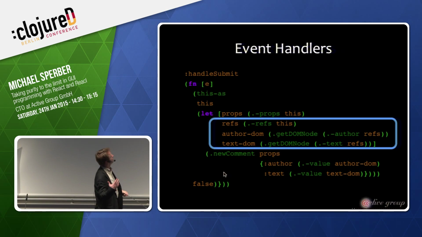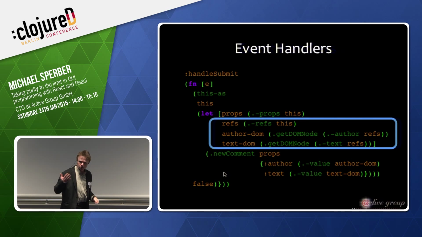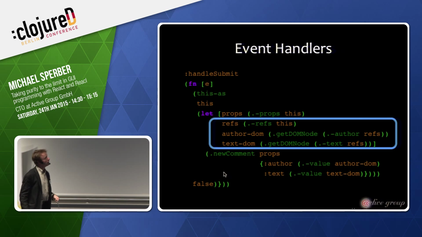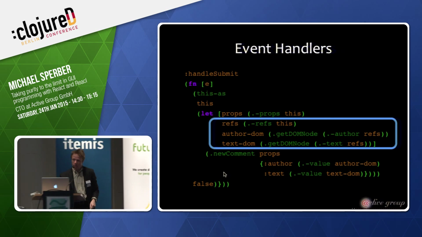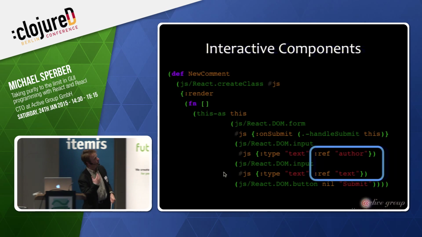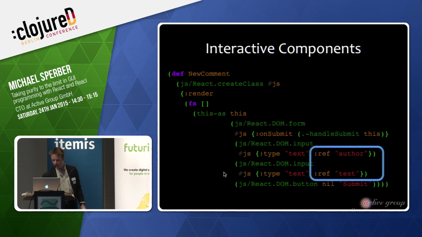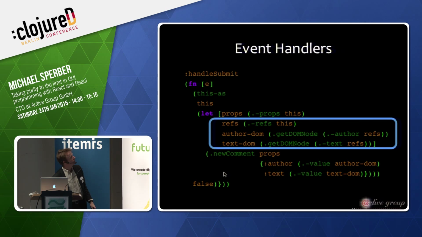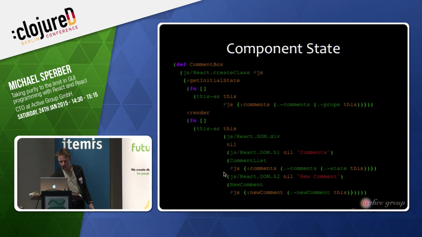Okay, so this is a little bit more involved. Is that reasonably clear? So you need to refer to the actual DOM elements, but you only have the virtual DOM elements from React, and this is the way to do it. Just to remind you, these were the two refs that were sitting there, and they correspond to the accesses to the refs here.